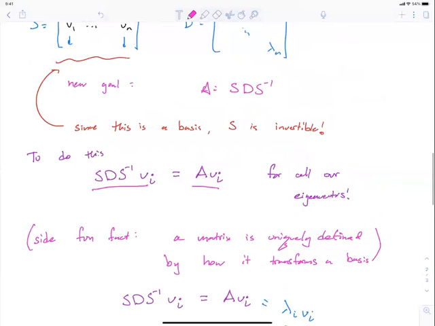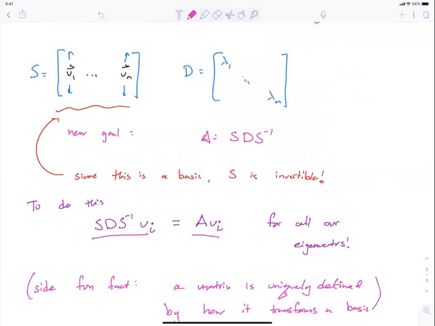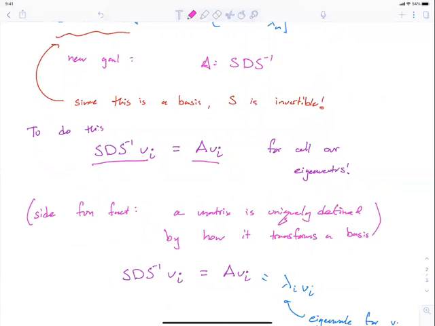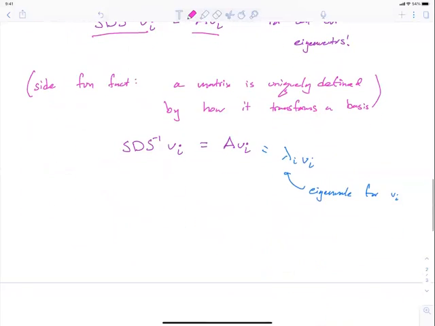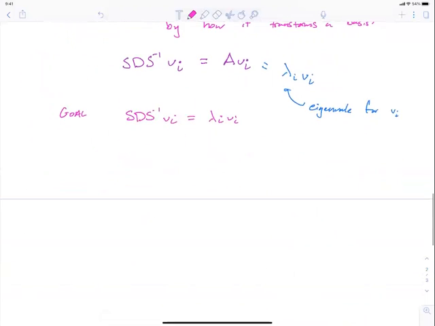We started with this goal of showing that these matrices are equal. We're going to do that by showing that they're equal on a basis. And now we know that A v_i is equal to lambda_i v_i, right? And so our new goal is just to show that S D S inverse times v_i is in fact equal to lambda_i v_i. That's our new goal. So if we do that, then we've shown that these matrices have to be equal. All right, so let's do that.